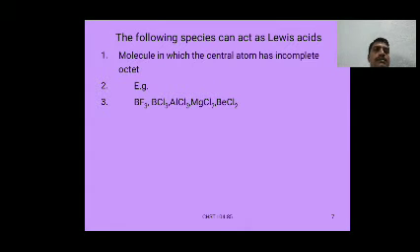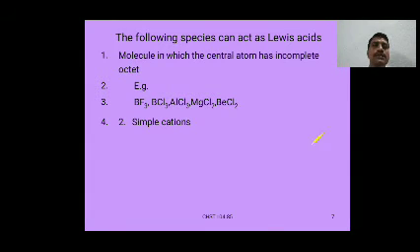Compounds in which the central atom has an incomplete octet are electron deficient molecules. Electron deficient molecules are all Lewis acids. Less than 8 electrons on the central atom of a molecule makes it an electron deficient molecule.